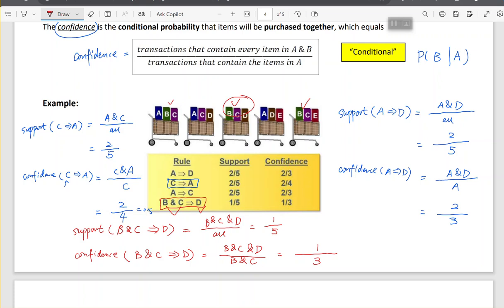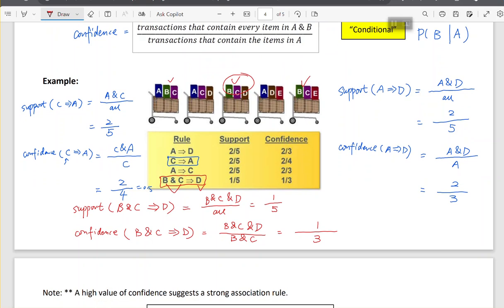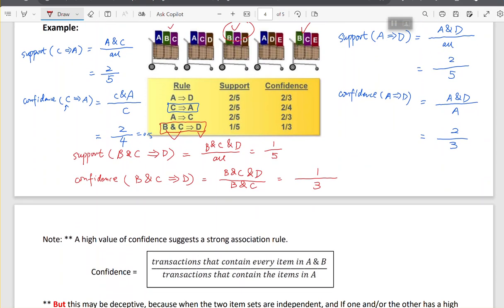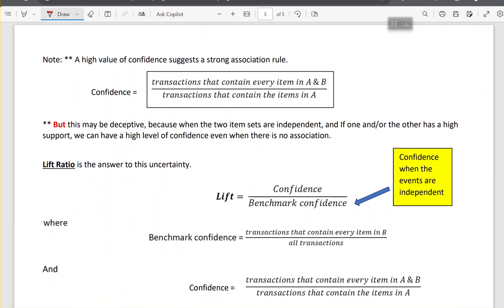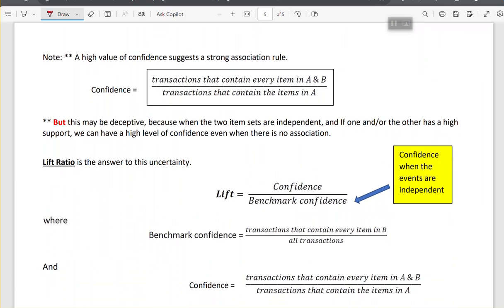All right, so when you calculate the support and confidence, there is a very special case. What if you have a very high value of confidence?